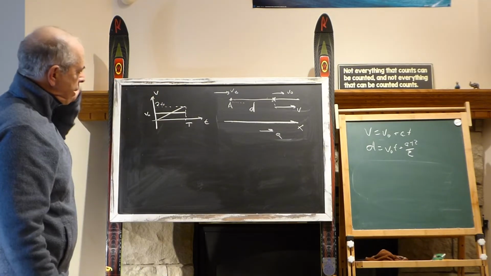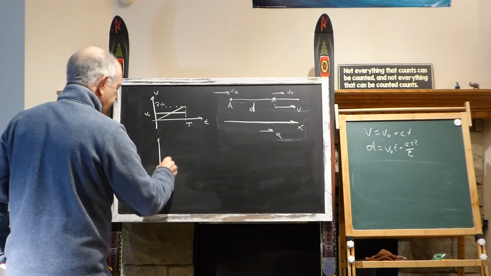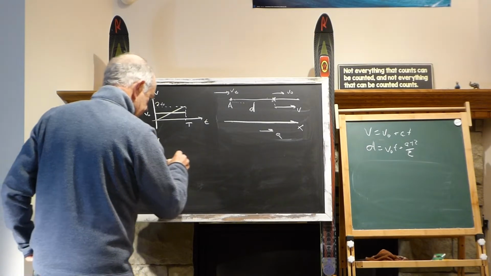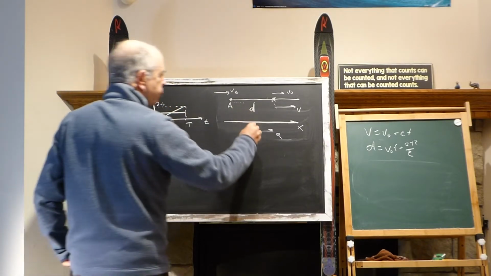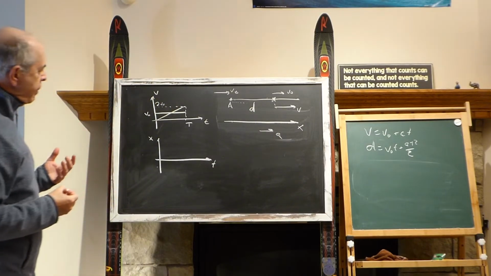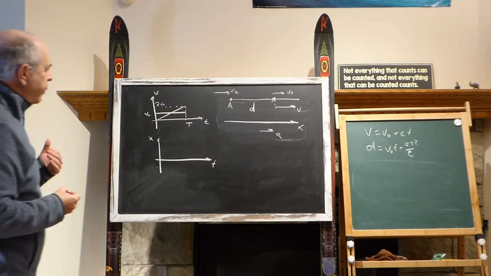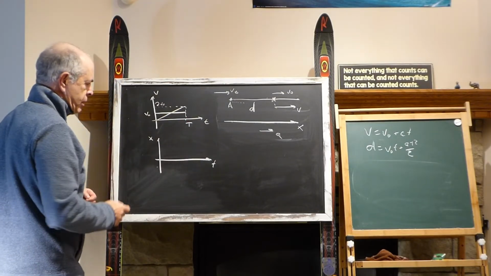That's the graph of v. But we may be interested not in v versus t, but in x versus t.